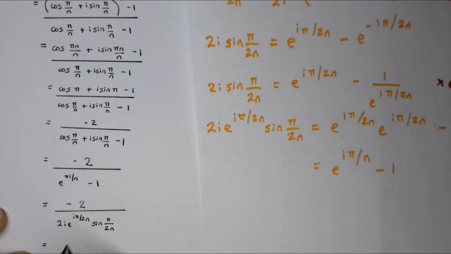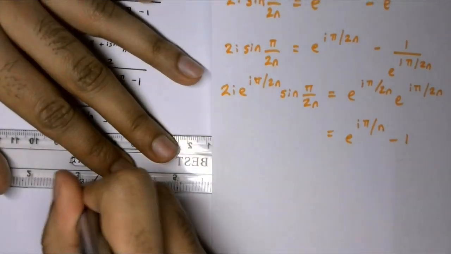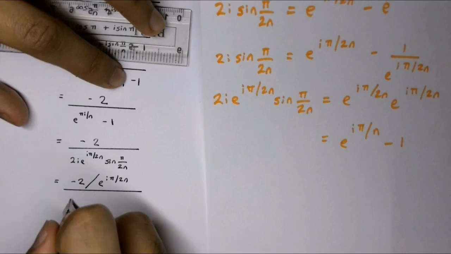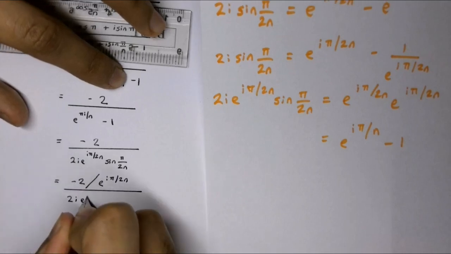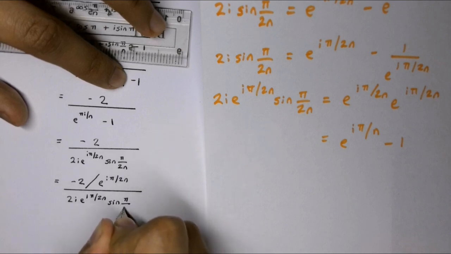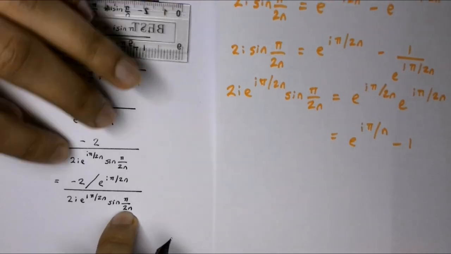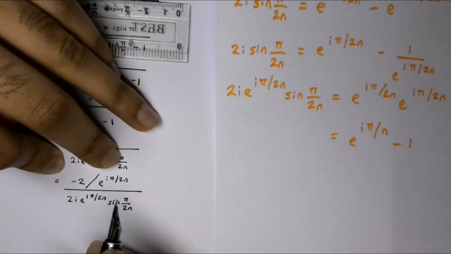So if we do that, on the top we've got minus 2 divided by e to the i pi over 2n, and on the bottom, we just write down what we have on the bottom. We have 2i e to the i pi over 2n times by the sine of pi over 2n. And remember, we just want the sine of pi over 2n on the bottom. We'll deal with the top later.